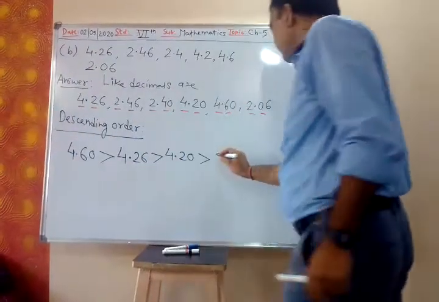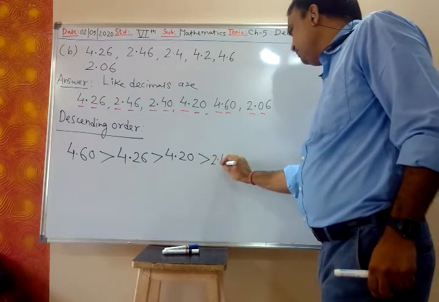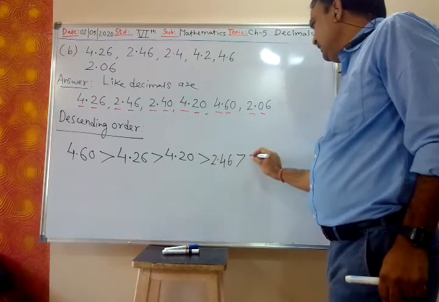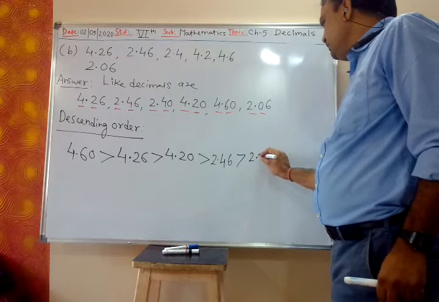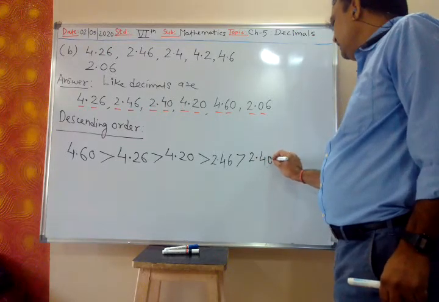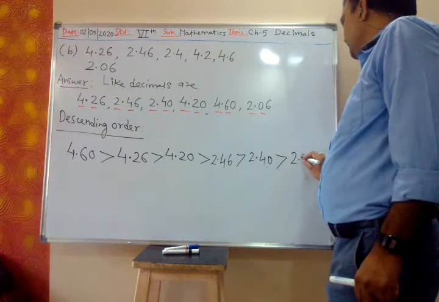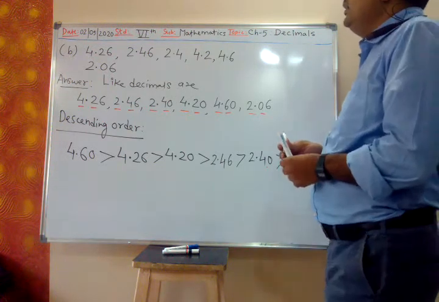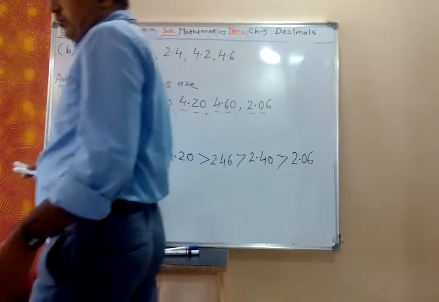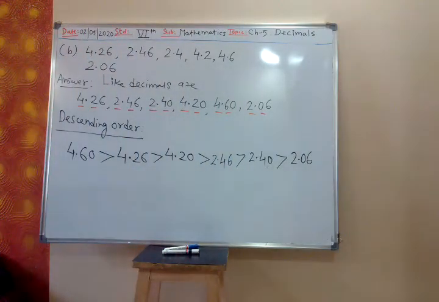We write 2.46 is greater than 2.40 is greater than 2.06. In this way we have arranged them in the descending order.